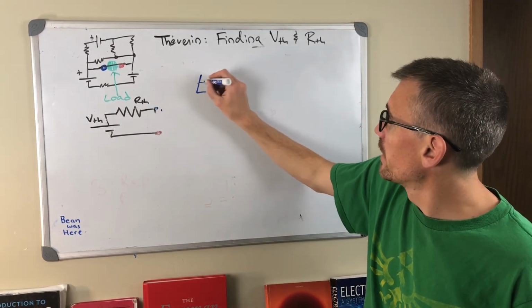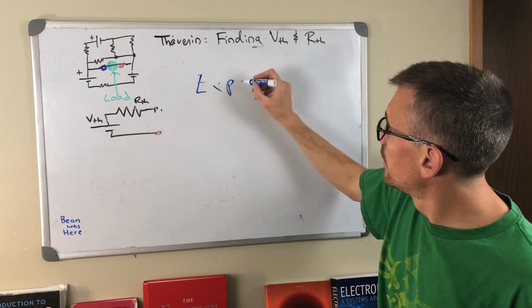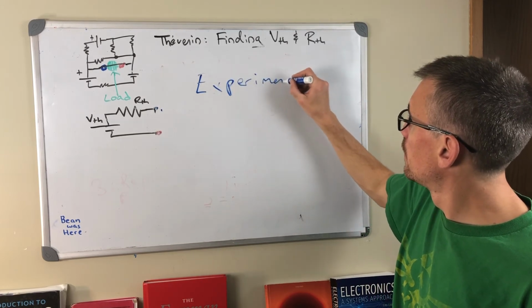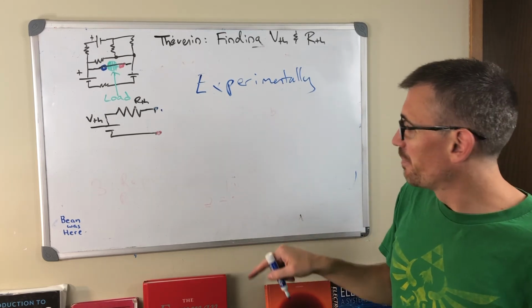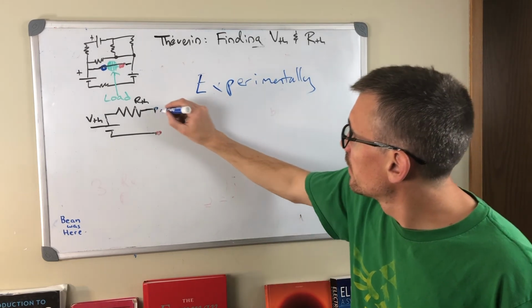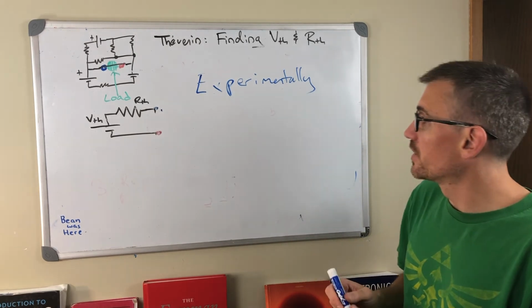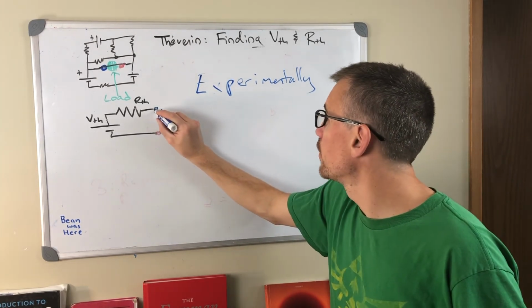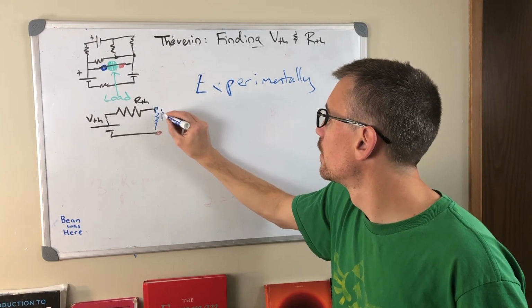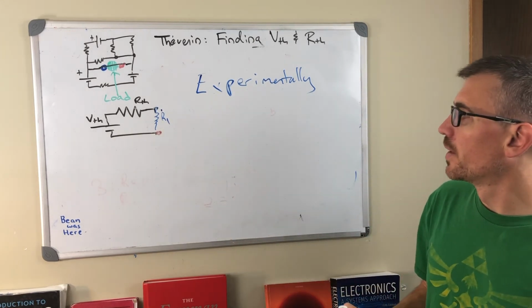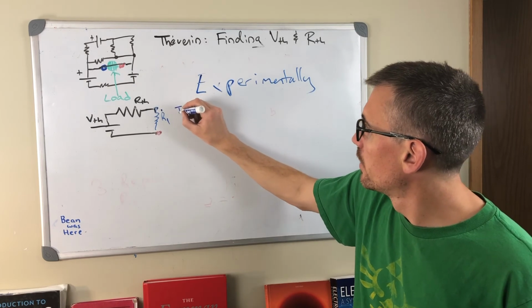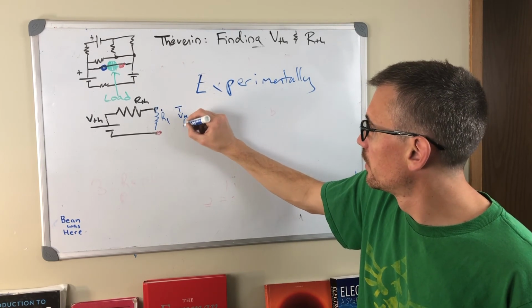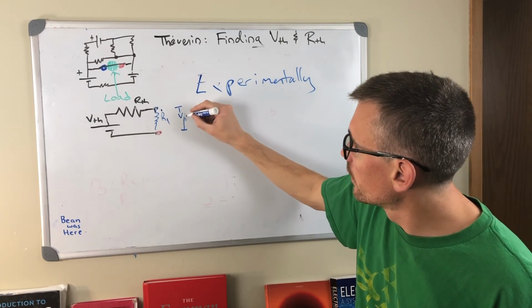So experimentally, we can plug in several different resistance values. We'll put in R1 here. R1. What do we get? And we measure V out. We measure the voltage. V1 we'll call it.